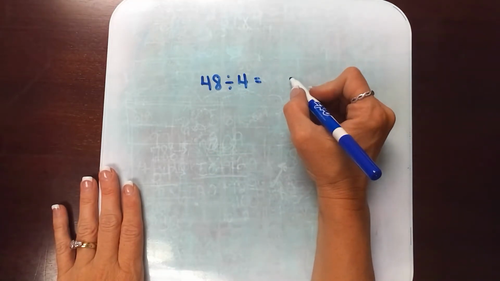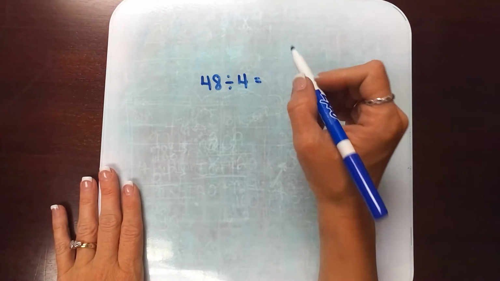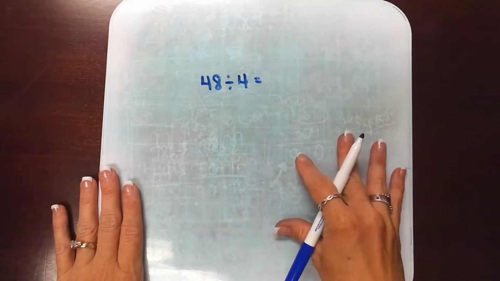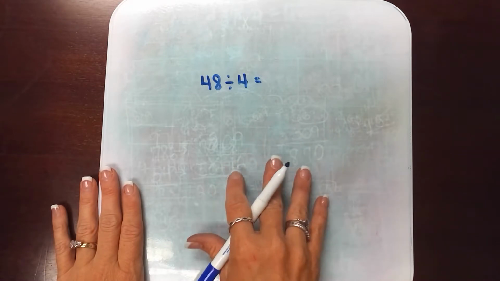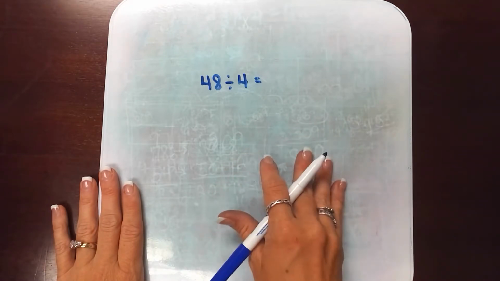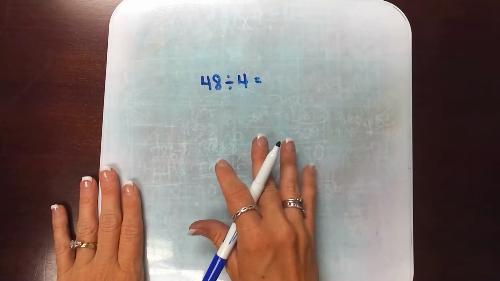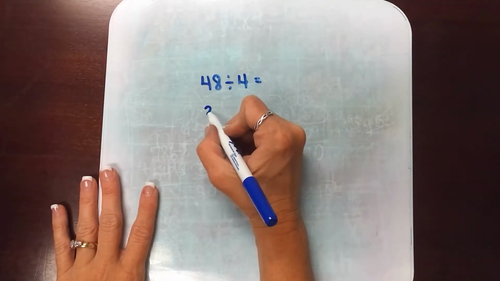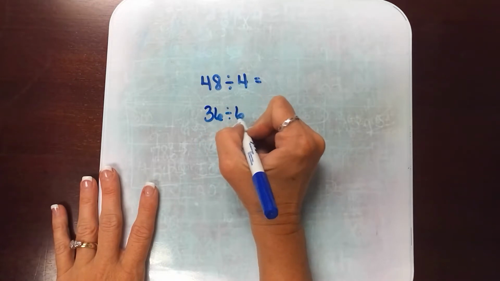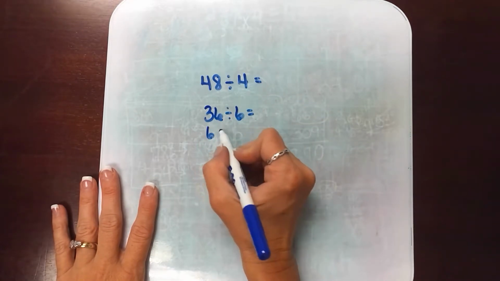What I have seen is when they actually have to solve it without any type of picture or model there for them, it's usually been within the basic facts of 10 times 10. So if it's 36 divided by 6, they would know, well, I can use 6 times 6.